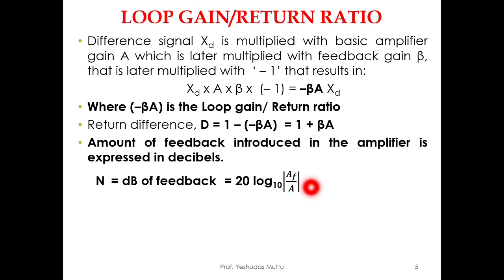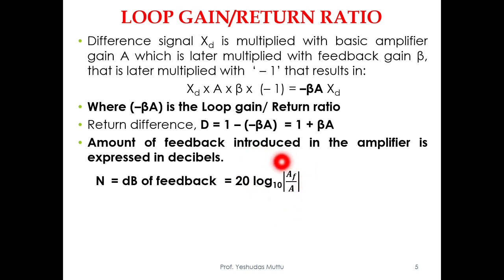Now, when we introduce feedback, we know that part of the output is given back, right? But how much is that part? Can I measure it? It is measured in decibels. And what is the formula for that? We need to consider the ratio of gain with feedback and gain without feedback.